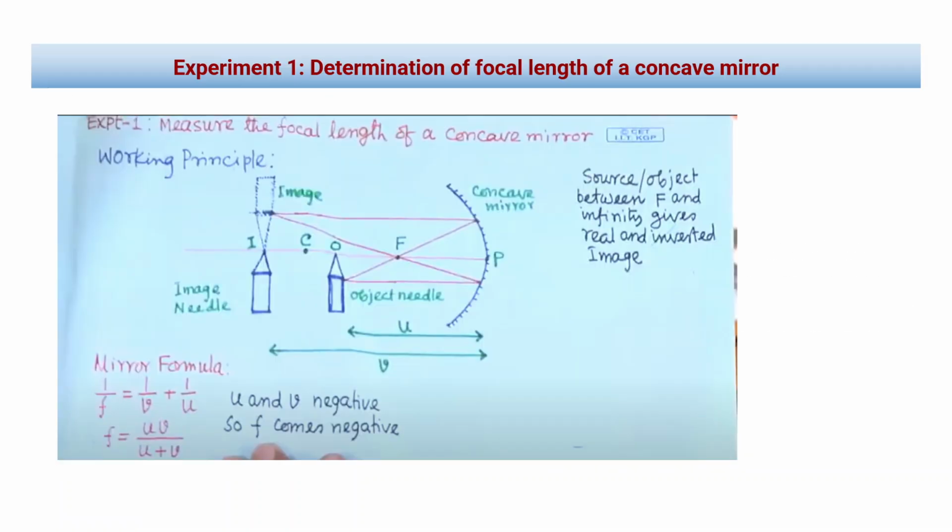We discussed the sign convention in detail: when the object is on which side and the image is on the other side, or up or down, depending on where the focus of the mirror or lens is. Based on that, every time we talked about whether u and v are positive or negative, or f is positive or negative.